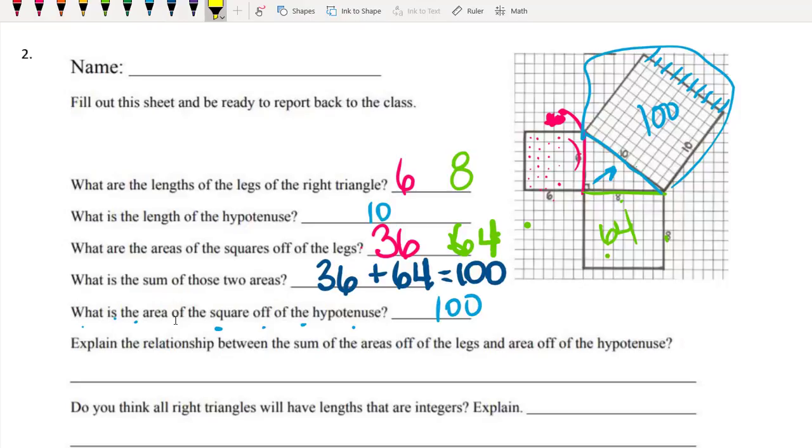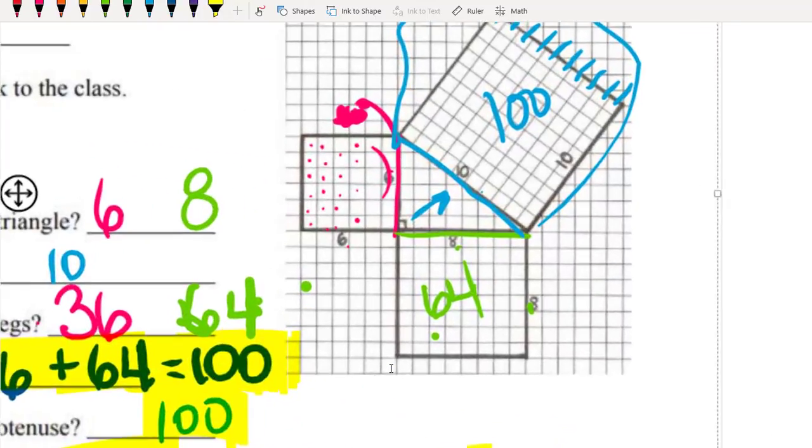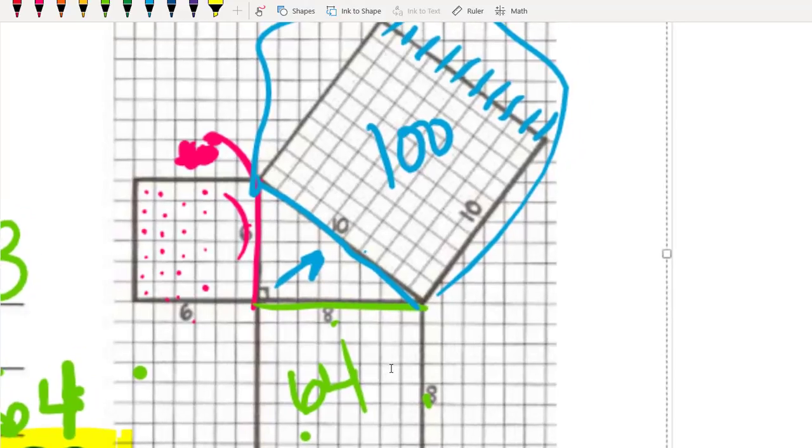Look at that. What do you see here? How did we get this 100 right here? What did we do there? What is the relationship between the sum of the areas off the legs and the area off the hypotenuse? Let's zoom in on this real quick. I'm going to focus on this part.